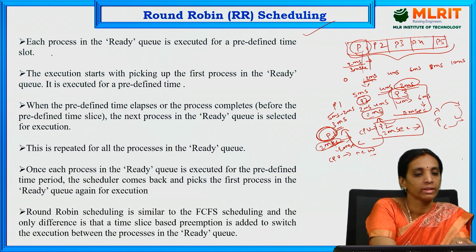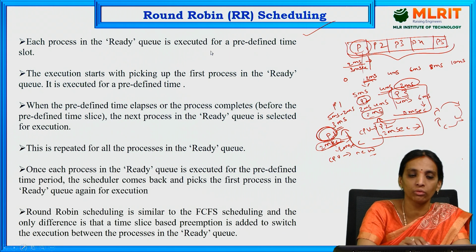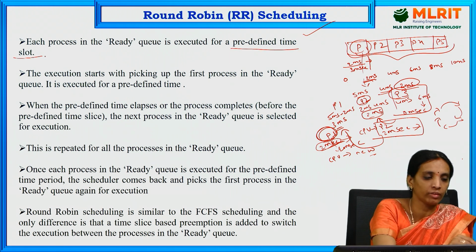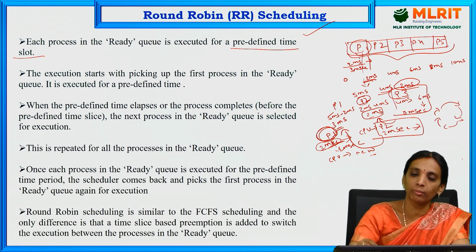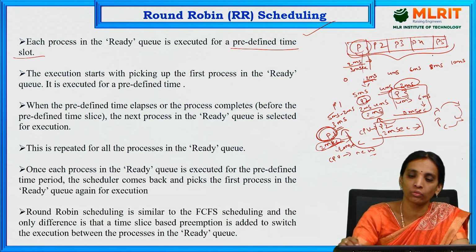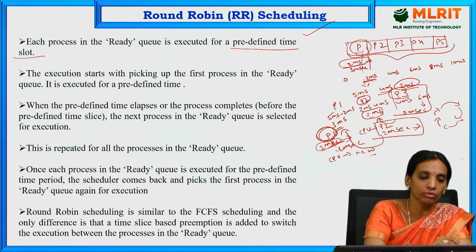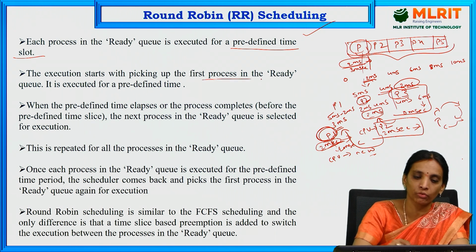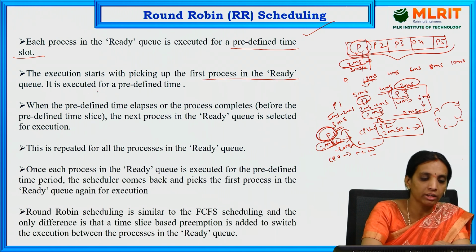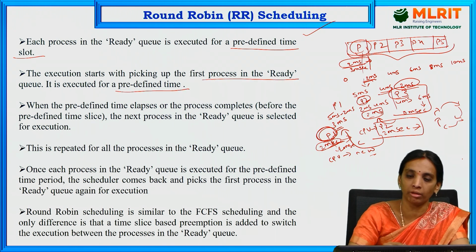Here each process in the ready queue is executed for a predefined time interval. That slot is allotted for each process. In our example we have considered 2 milliseconds as the slot time. The execution starts with picking up the first process in the ready queue, and it is executed for a predefined time interval.